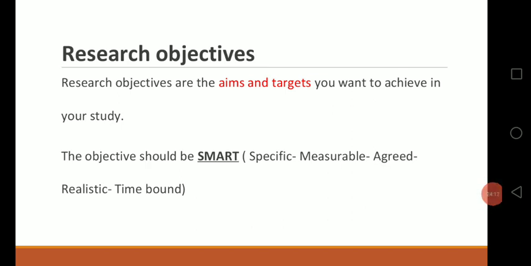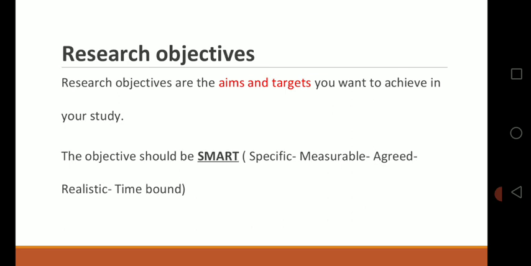Okay, in this section اللي هو objectives of the research we write our aims and targets، وبرضو عندنا specific way to write them. The objectives should be smart.